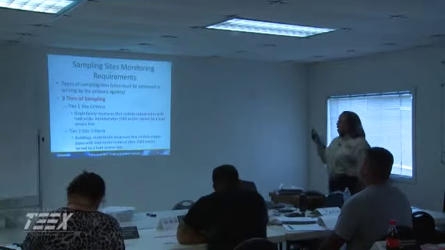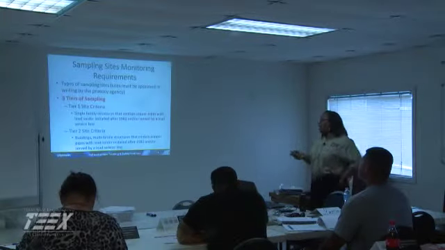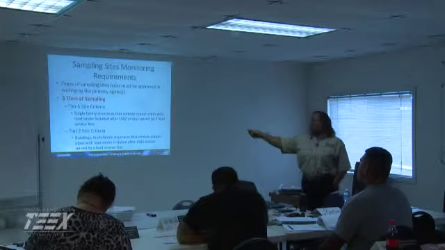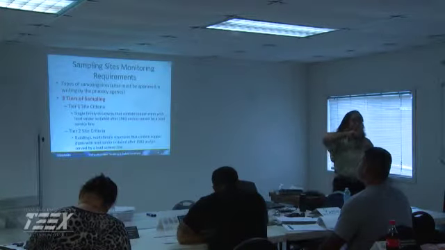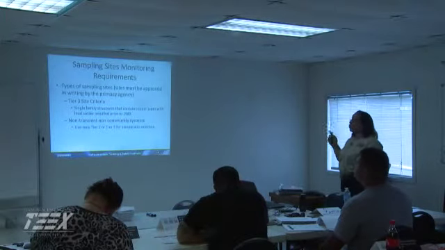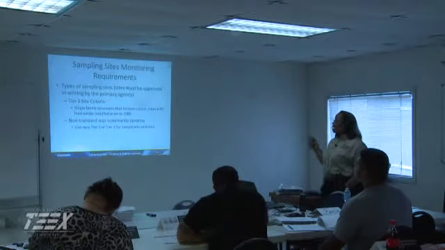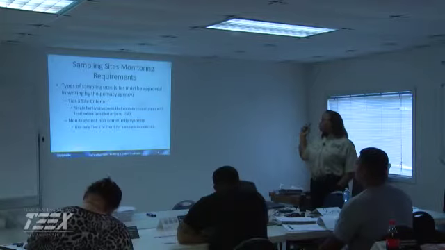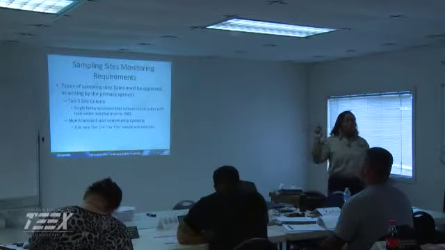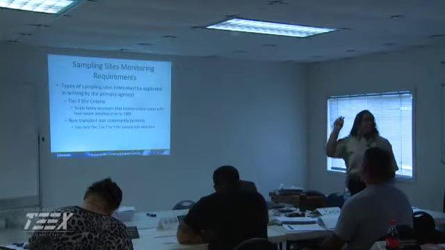And again, contain copper pipe, lead solder installed after 1982 and or served by a lead service line. And then we have Tier 3. These are single family structures with copper pipes, lead solder installed prior to 1983. So you have to make sure, again, you're choosing your sites based on those tiers.